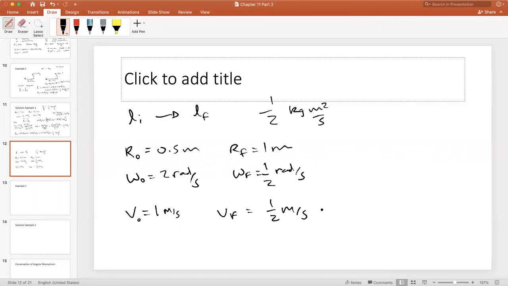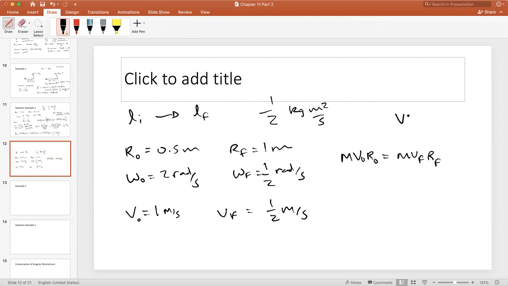Okay, so we see that as the object moves outward, it actually slows down by conservation of angular momentum. That's because for M V initial R initial to equal M V final R final, if R final is getting bigger, V final has to go down.